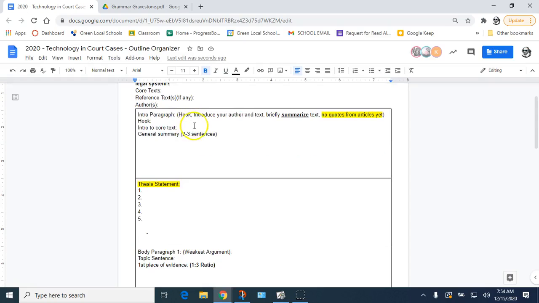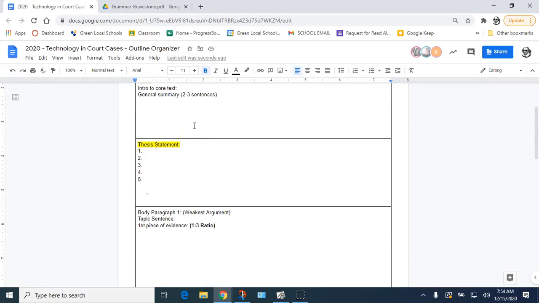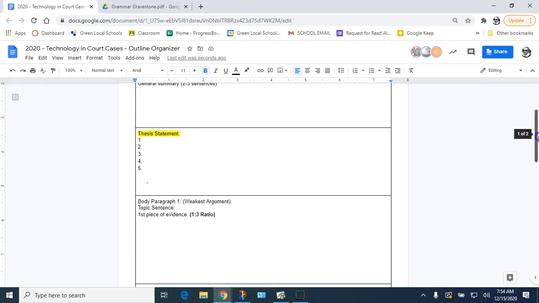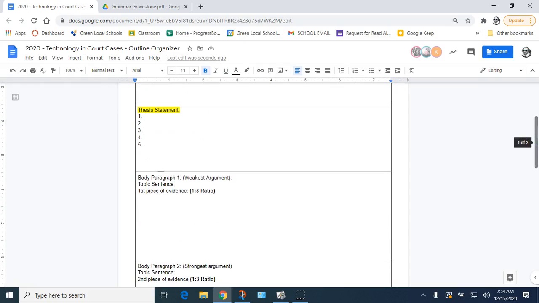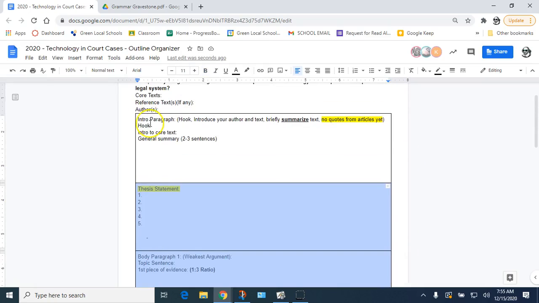Okay, so the next thing that we need to do, I want to focus on two particular boxes today. The two boxes that you need to be responsible for getting done today at some point, whether it's by the end of this class or by the end of the day today, to remain on pace for this project, due by the end of the day Friday, are these two boxes here, all right? A lot of people like to start with the intro paragraph.